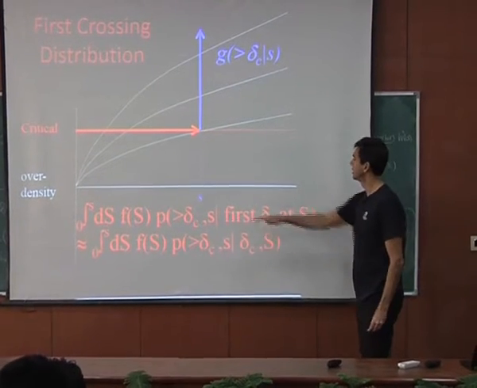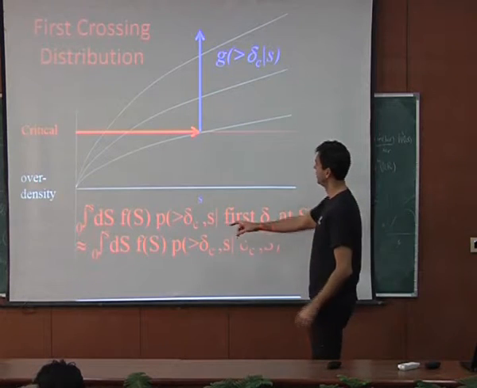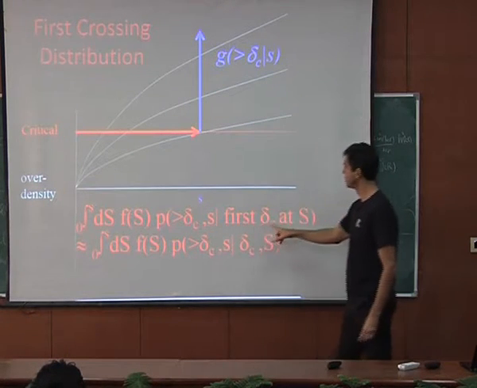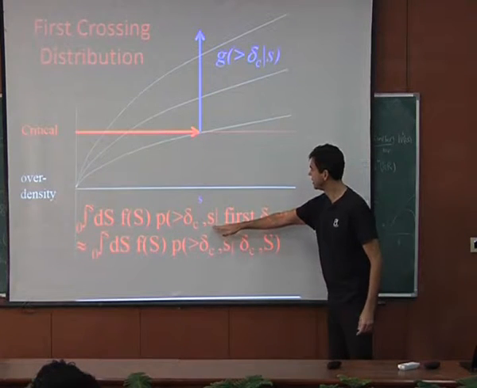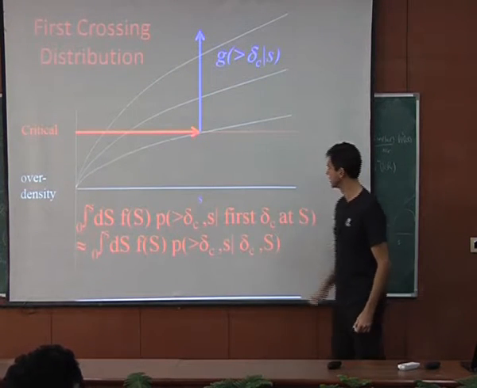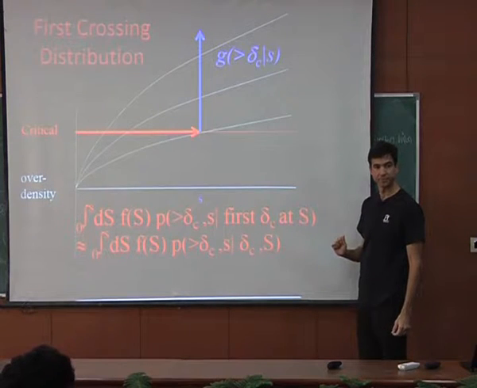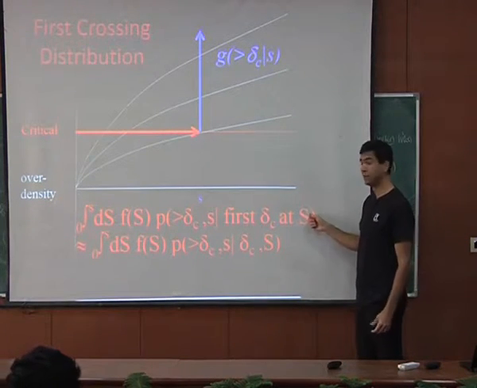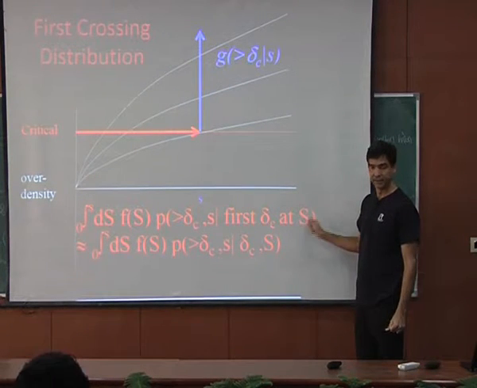But if I try to write down something like this, then I again run into a problem, which is that now I need to know the conditional distribution of having a certain height on some scale, given the first crossing on some previous scale. And I didn't know how to calculate first crossing in the first place, so what do I do?